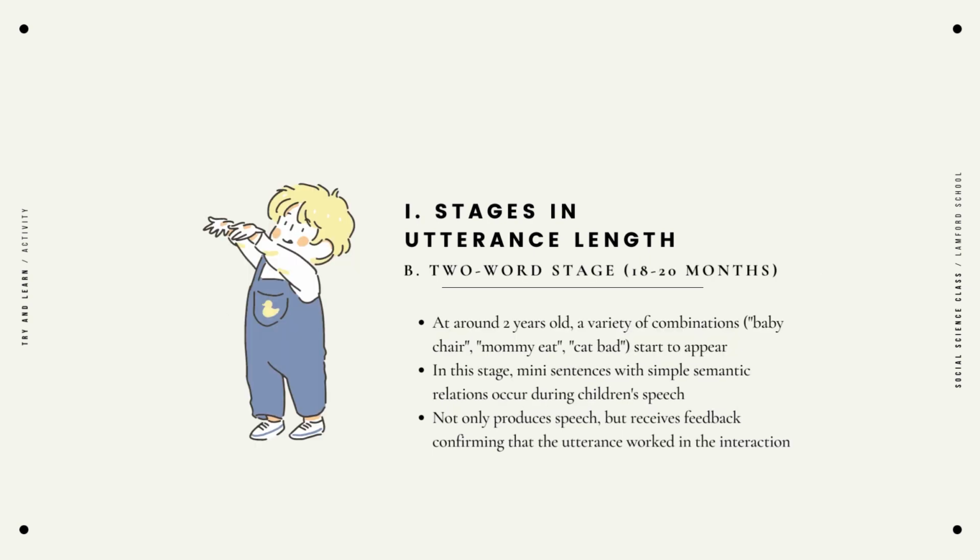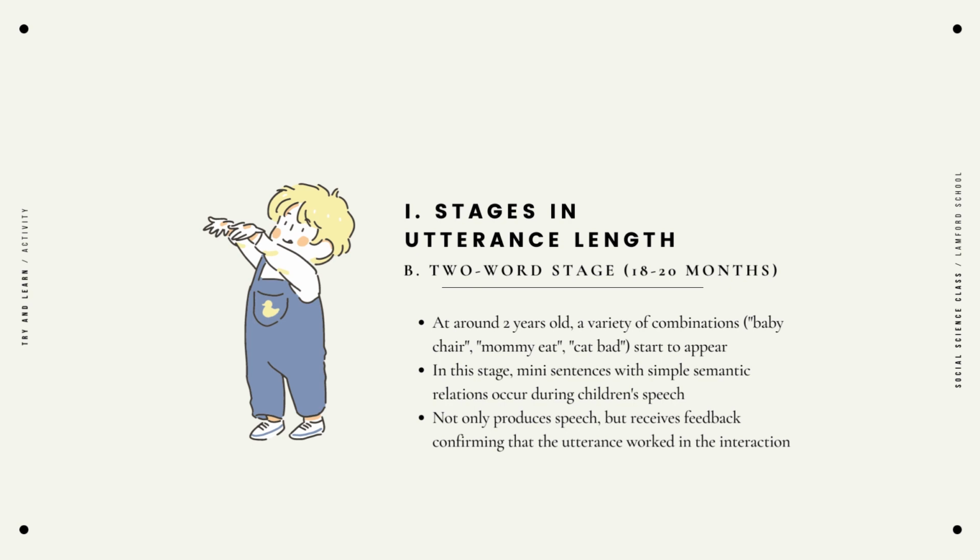Moving on to the 2 word stage that occurs at 18 to 20 months. At around 2 years old, a variety of combinations start to appear. So, terms like baby chair, mommy cat, cat bad, and mini sentences with simple semantic relations occur during children's speech.